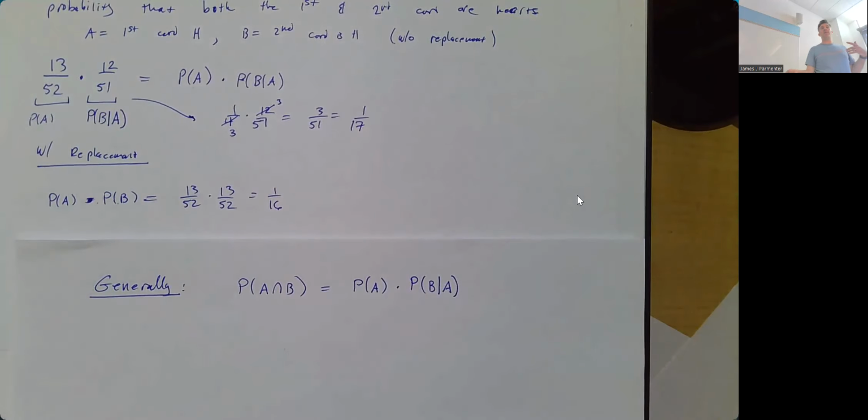If B and A are going to happen, then A needs to happen, and B needs to happen under the condition that A has already happened. And so you can write it this way.